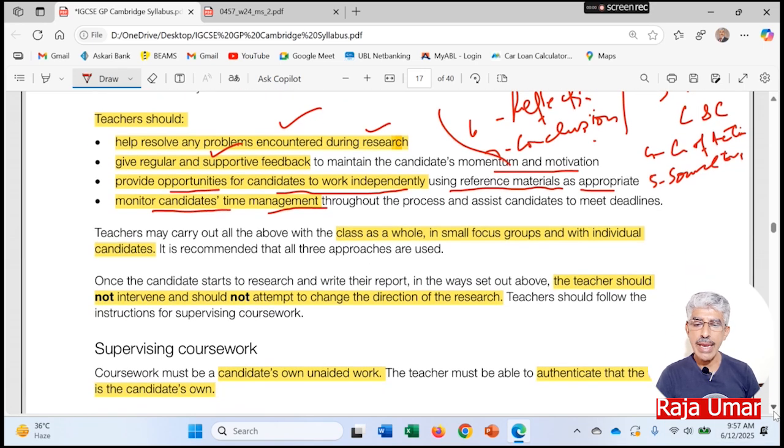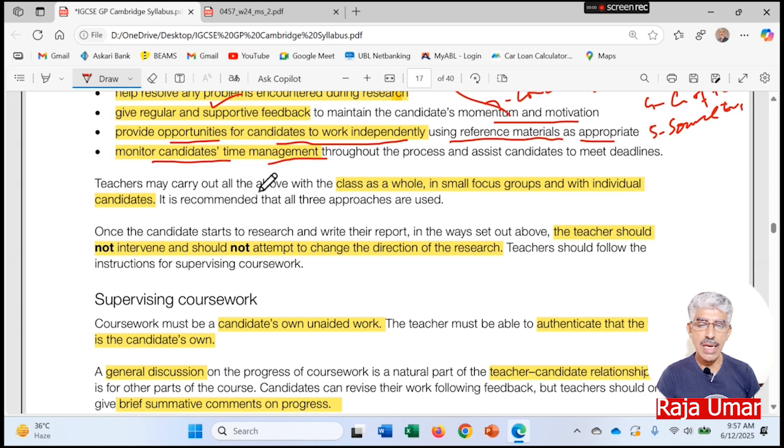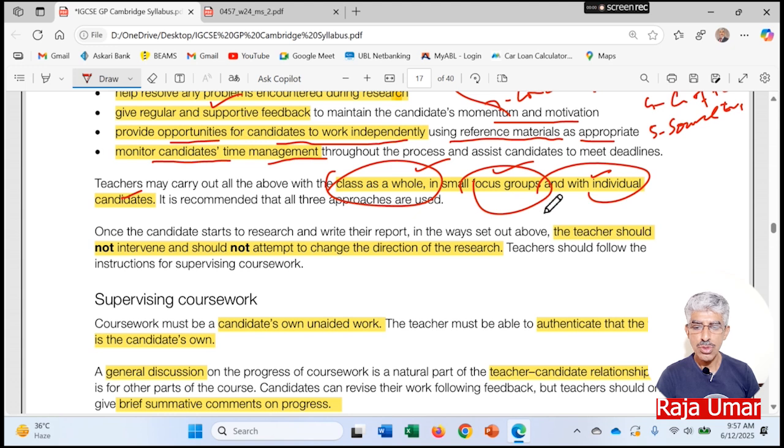Teachers may carry out all the above with the class as a whole, in small focus groups, and with individual candidates. So teachers can guide the students as a whole, in smaller groups, or as individuals, one by one.